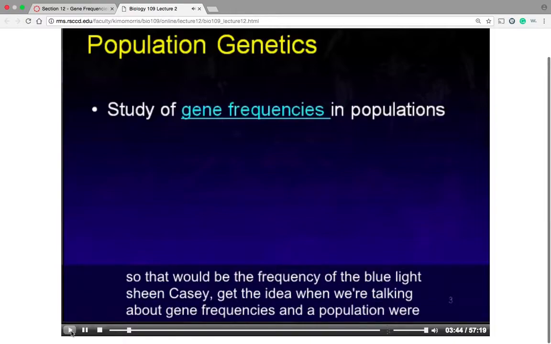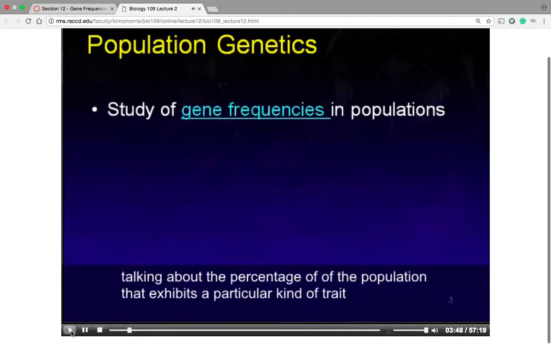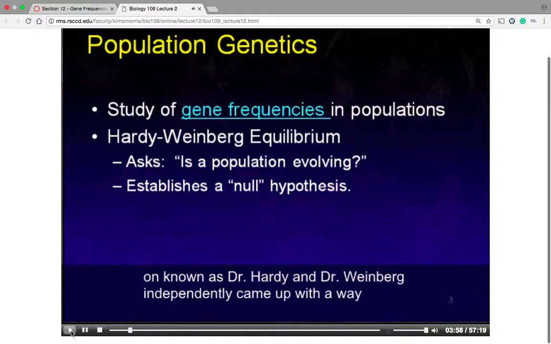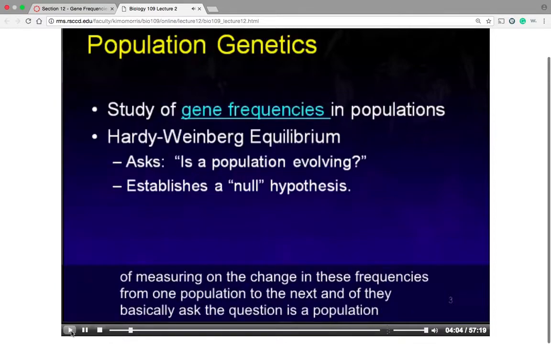When we're talking about gene frequencies in a population, we're talking about the percentage of the population that exhibits a particular kind of trait. And 2 scientists, whom I'm going to introduce a little bit later, Dr. Hardy and Dr. Weinberg, independently came up with a way of measuring the change in these frequencies from one population to the next.